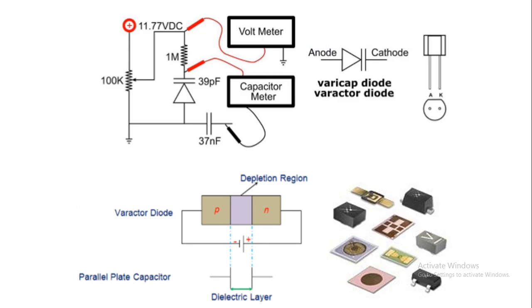Here the varactor with 39 picofarad is connected in an electric circuit, with a voltmeter to measure the voltage in the circuit and a capacitor meter to measure the voltage on the terminals of the Varicap diode. The symbol is shown carefully, along with the diagram of how it is built: the PN junction, and the junction here is wide, it's the depletion region.